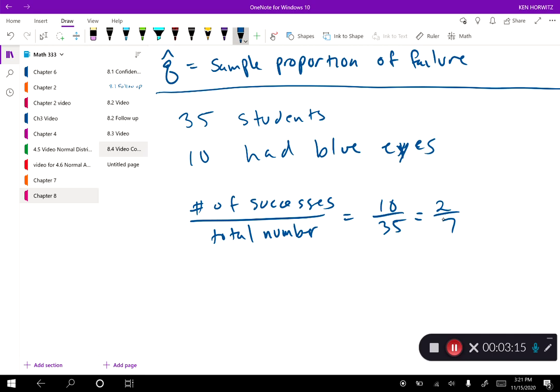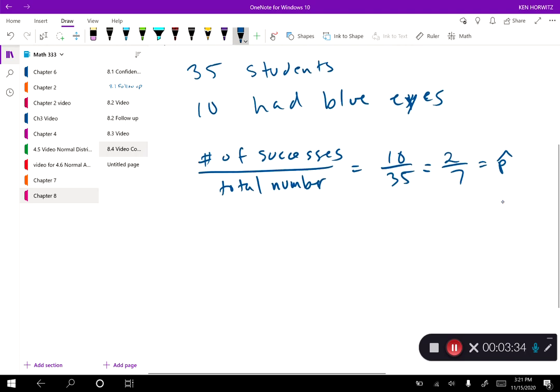That would be our proportion of success. If 35 was our population, it would be p. If it was our sample, because our population was, let's say, the entire university, it would be p hat.